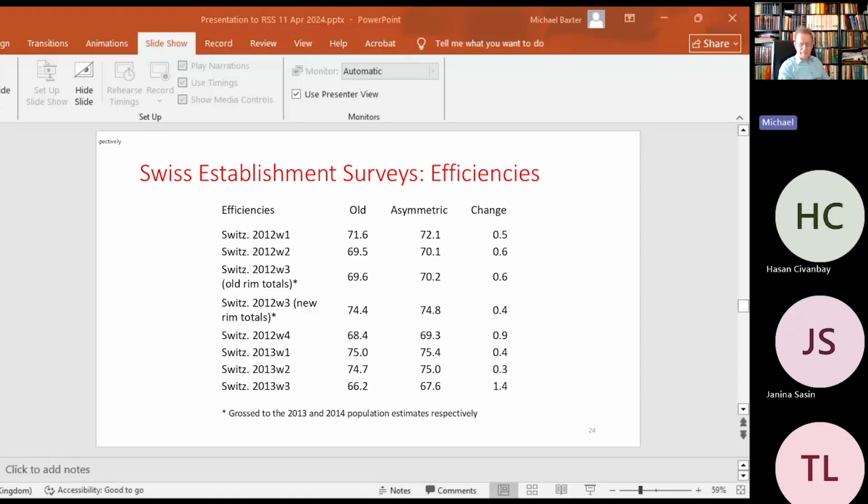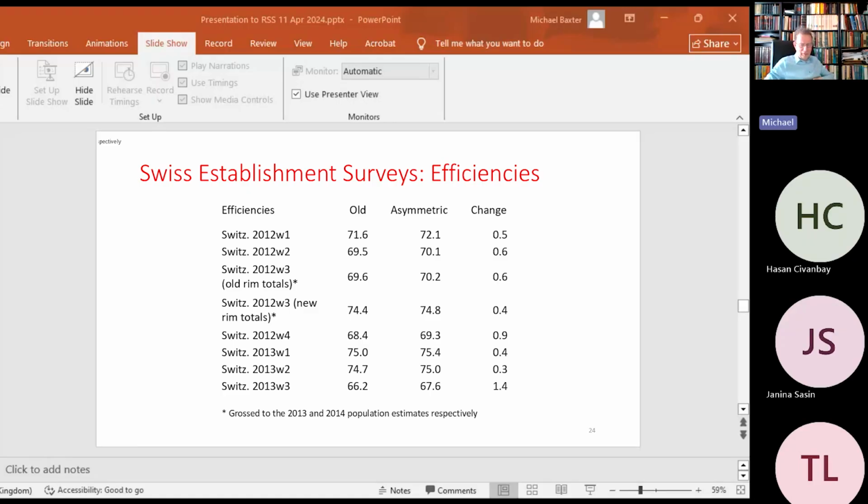And you see there were 4 surveys in 2012 and three surveys in 2013. One of the 2012 surveys, we had controlled it to old data on the population.